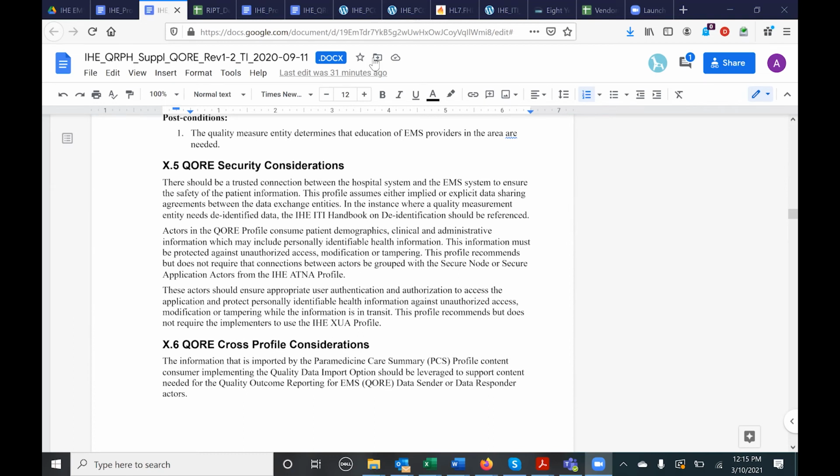But we do have things like the ATNA profile and the XUA profile that can be used as starting points or templates. And I can ask somebody who's more of a security expert what exactly the security profiles are that you can use for this.